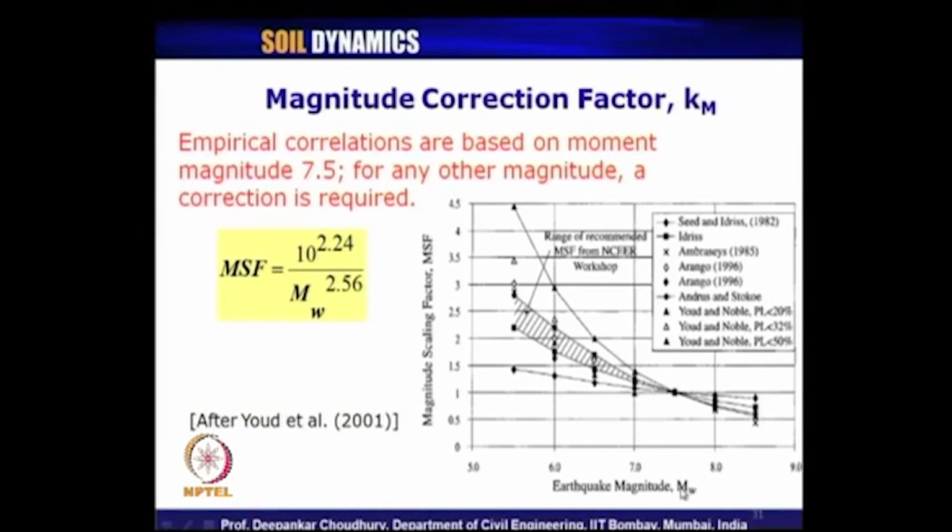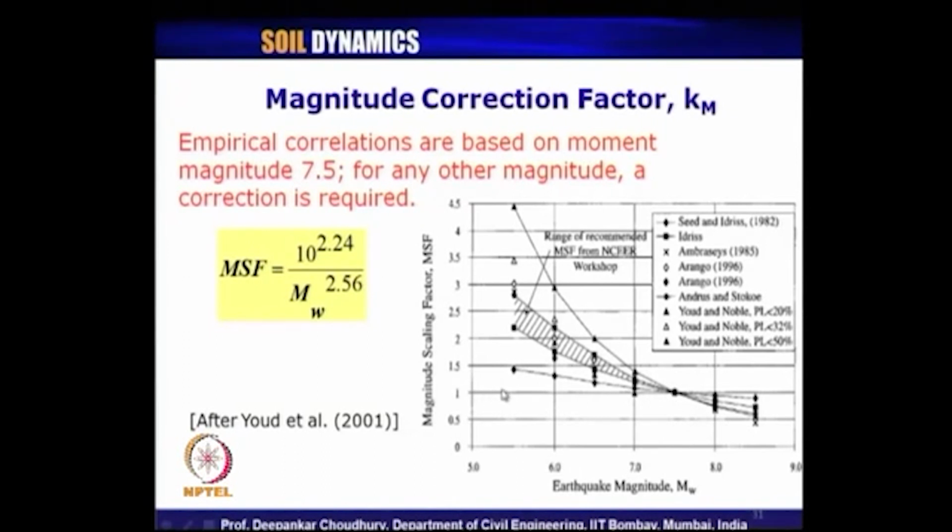As we have seen, it has been standardized with respect to MW of 7.5. So, if our earthquake magnitude is 7.5, no correction is required. So, correction factor MSF or Km should be 1. Look at the graph, it is 1 at 7.5. At MW of 7.5, the correction factor is 1.